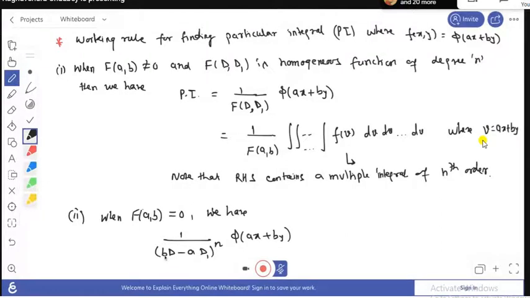Here we take D equals a and D1 equals b, so ba minus ab equals 0, which is why f(a, b) equals 0. And this of nth order equals x to the power n over b to the n times n factorial of phi of ax plus by.